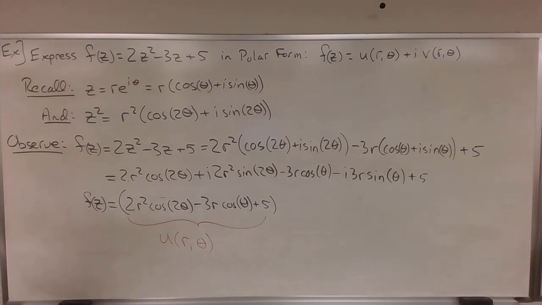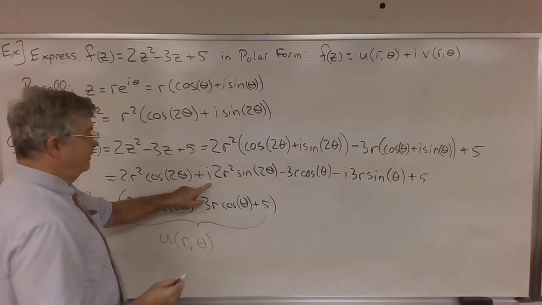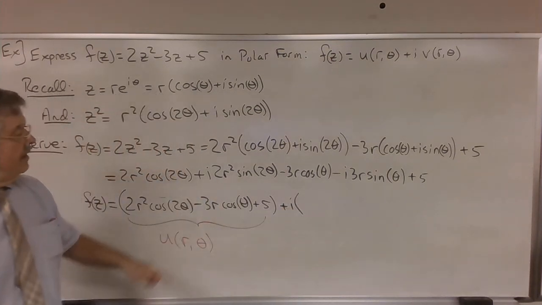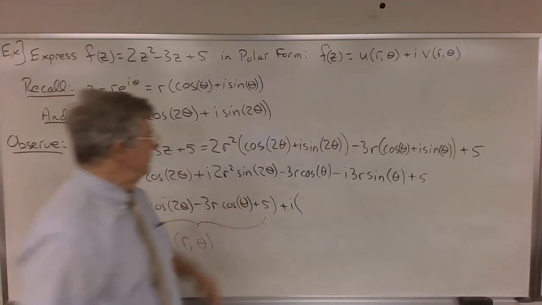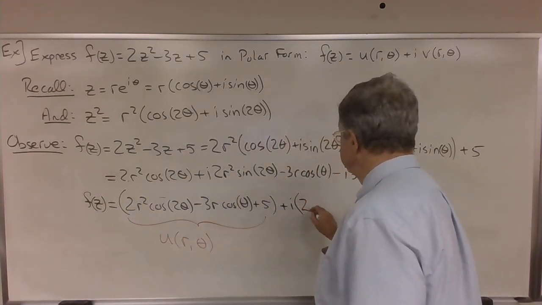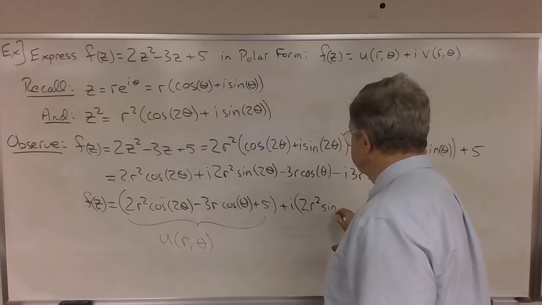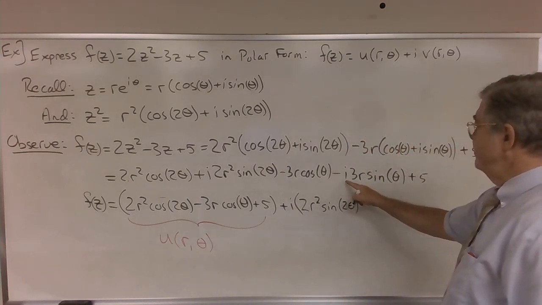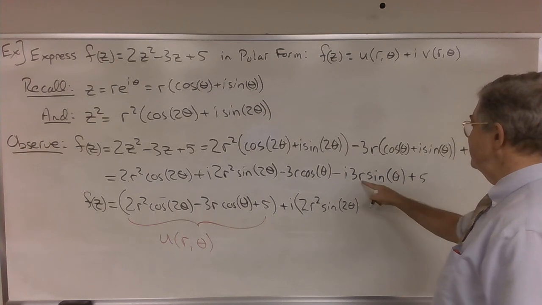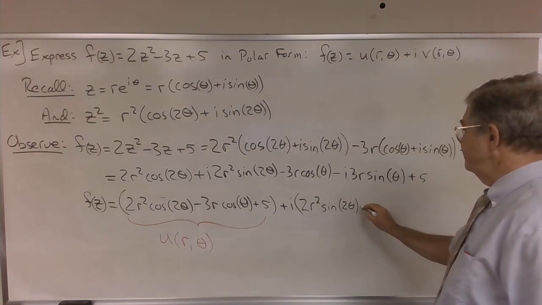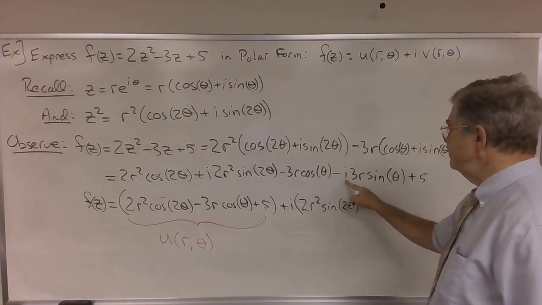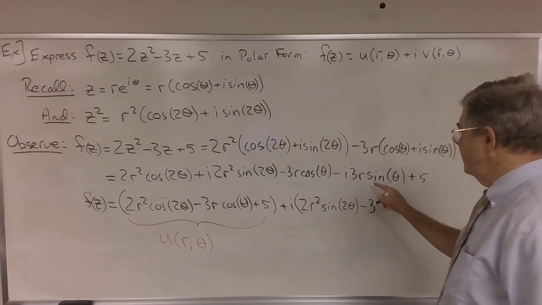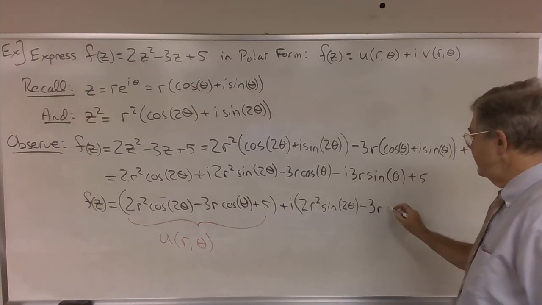And now I'm going to have i times 2r squared sine 2 theta and minus i 3r sine theta. So let's see, i times 2r squared sine 2 theta minus 3r sine theta.